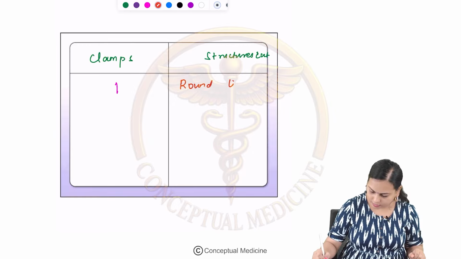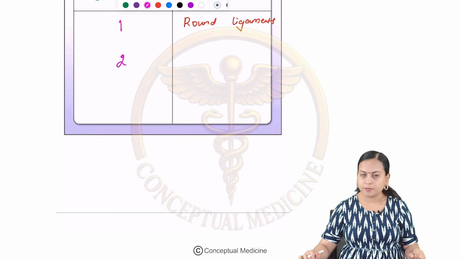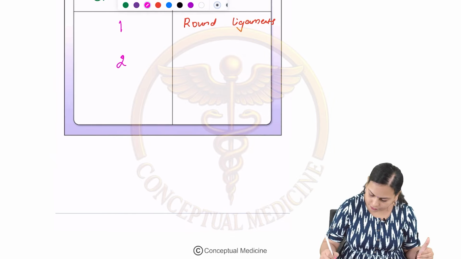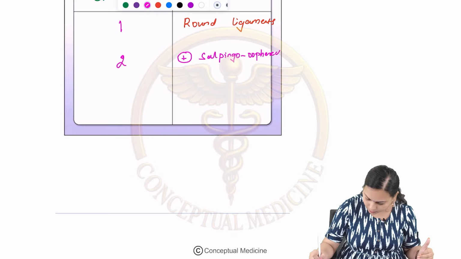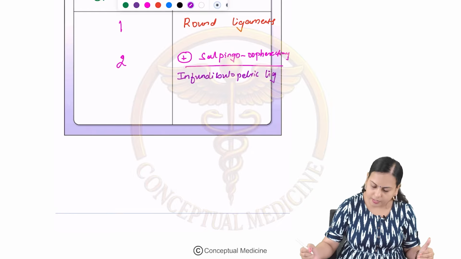And the second clamp depends on whether you want to do a salpingo-oophorectomy or not. Suppose you want a salpingo-oophorectomy, then you will cut the infundibulopelvic ligaments.